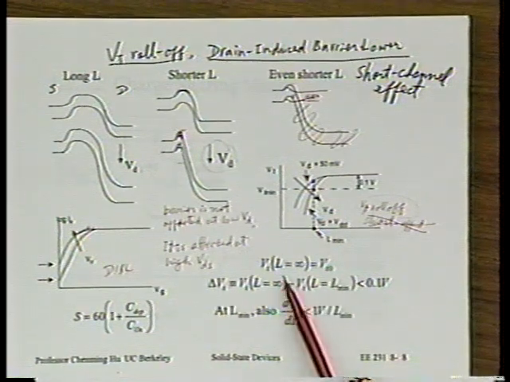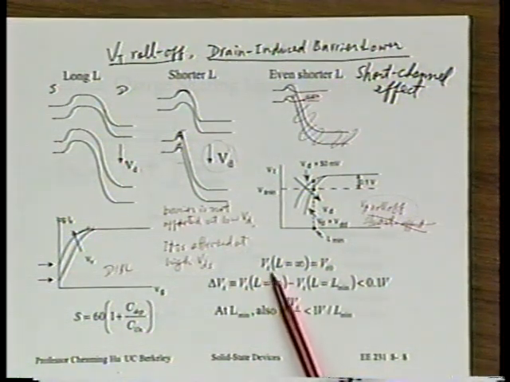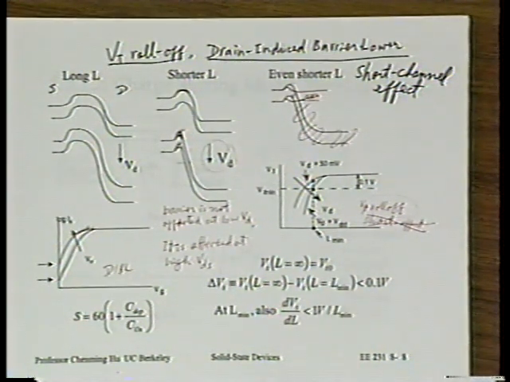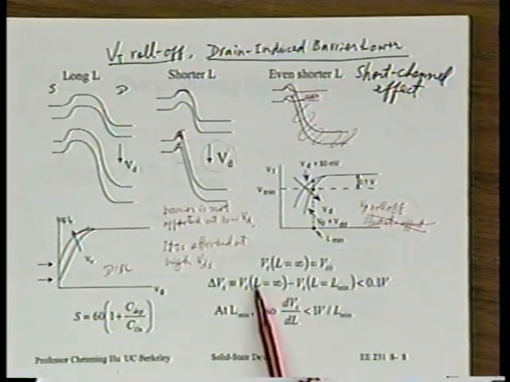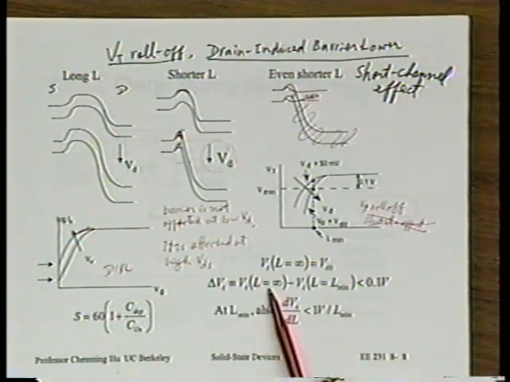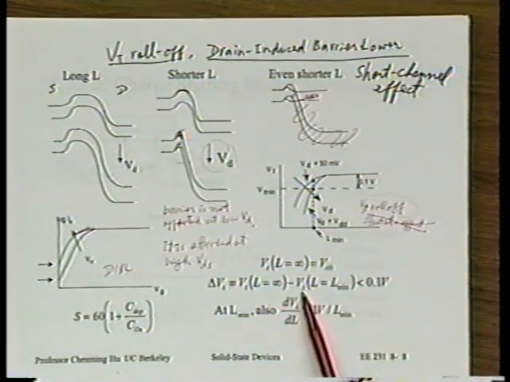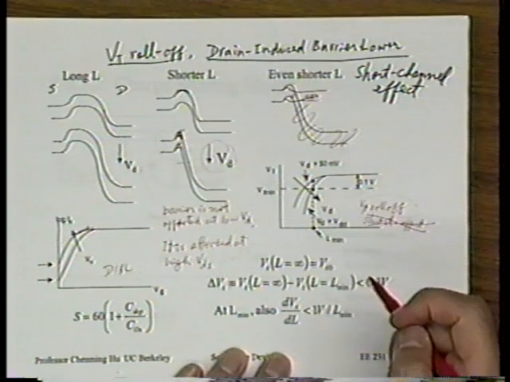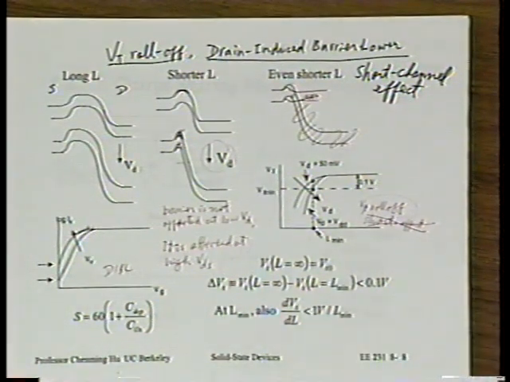All right. Again, some terminologies. VT of a long channel is called VT0 from now on. There's a new subscript 0 to refer to long channel transistor. Then define delta VT. Often you see delta VT is defined as you take a long channel transistor VT0 minus the VT at a certain L. It doesn't have to be, say, L min, a certain L, all right?